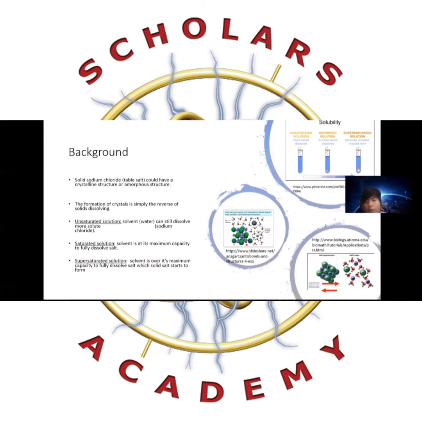And when it's rejecting all those ions, it's going to accumulate them at a single spot, as you can see here. So you can interpret this picture as dissolving, or you can interpret it as forming a crystal, which these are being deposited one by one, and that's how you build a crystal.